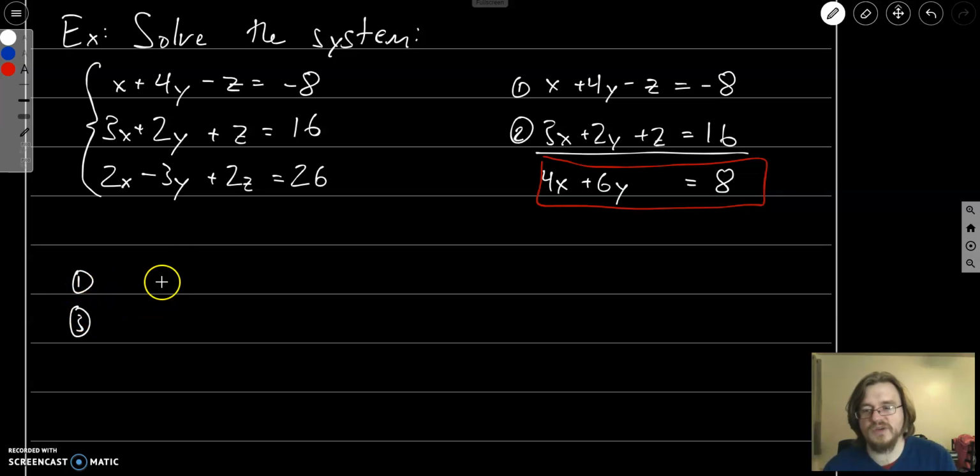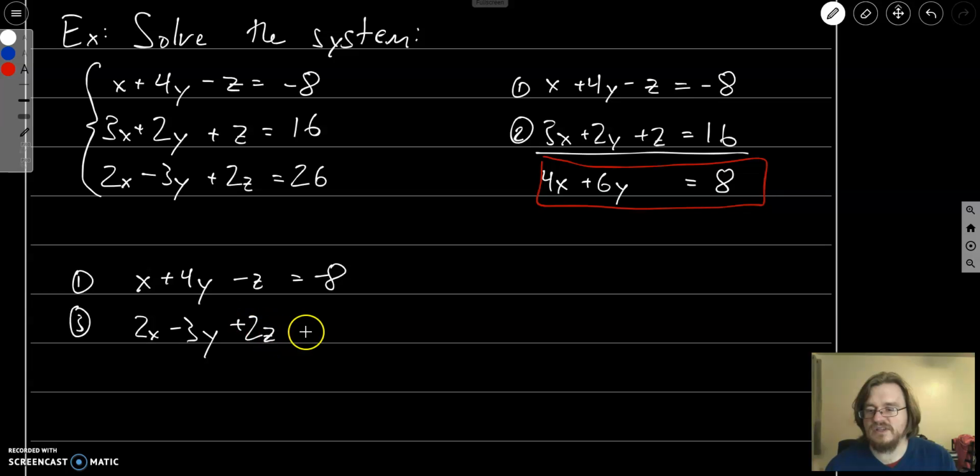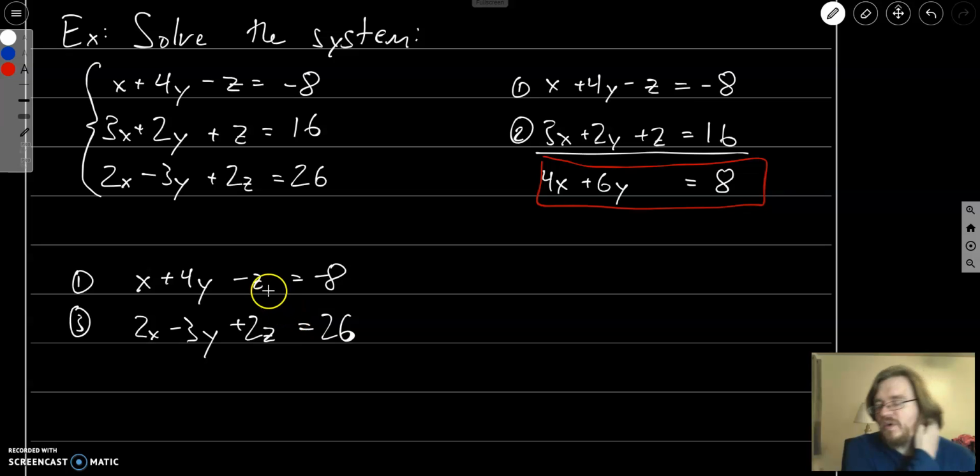There are more choices here, but when I write these down, hopefully we'll see why I chose these two. 2x minus 3y plus 2z is equal to 26. When we write this down, here I've eliminated z, so I want to eliminate z again.